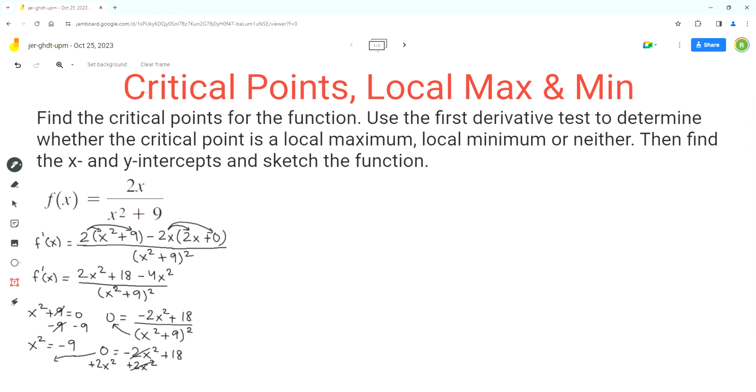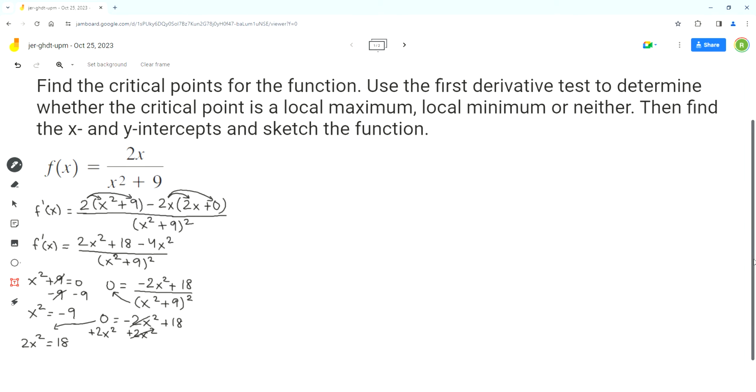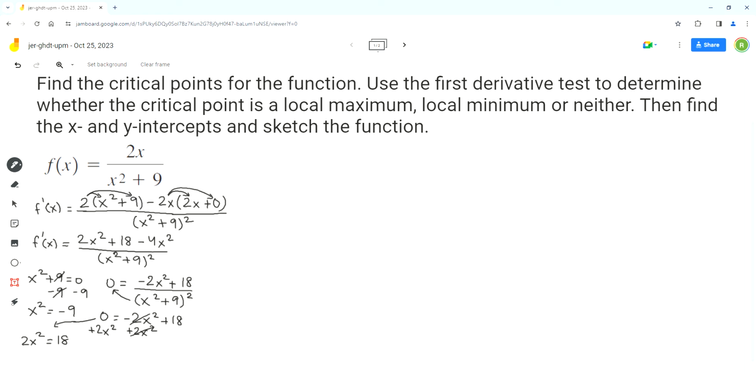So we get 2x squared equals 18, and now we can divide both sides by 2. The 2's on the left side cancel each other out and we get x squared equals 9.